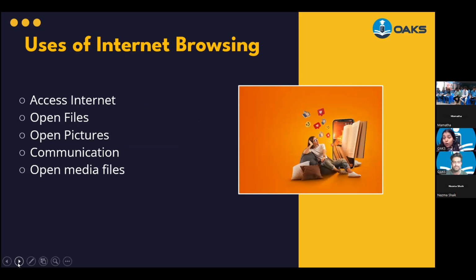Or communication. Right now, I'm communicating with you, or not? I'm connecting with you. So when I'm connected with you, basically I'm using the internet, and opening media files as well. Various kinds of media files will be opened gradually. So this is how internet browsing is being done. We use it for various purposes.